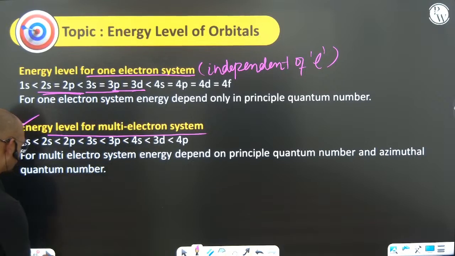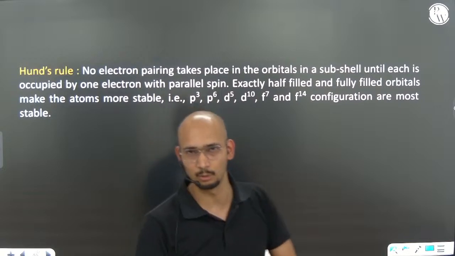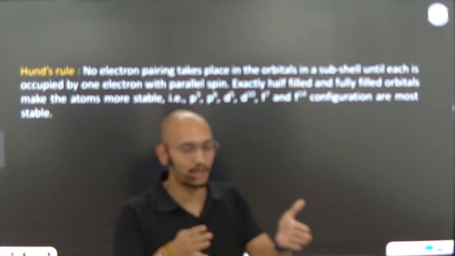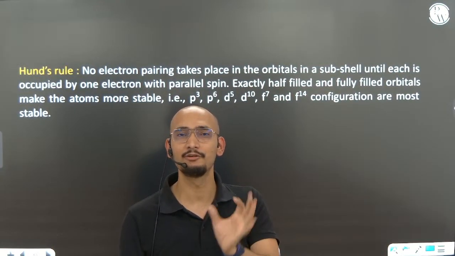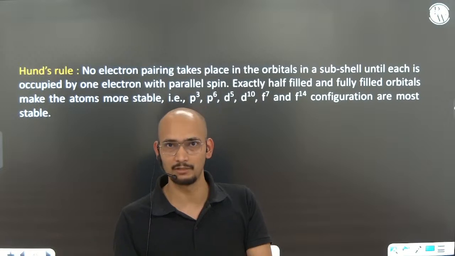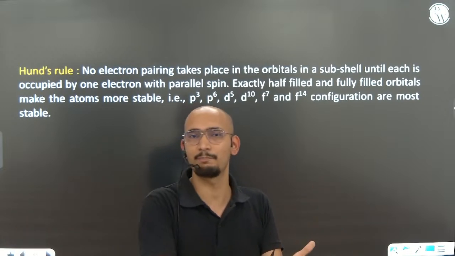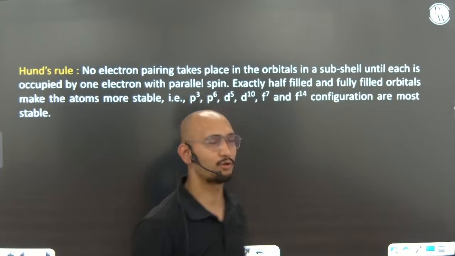Okay. Next, Hund's rule. What is Hund's rule? It is the maximum multiplicity rule. So if you have, let's say, a p orbital, if you have to fill the electrons, first of all all the electrons should be unpaired. So there should be maximum unpaired electrons, and then the pairing should start later once all the orbitals are filled by one electron. It is Hund's rule.